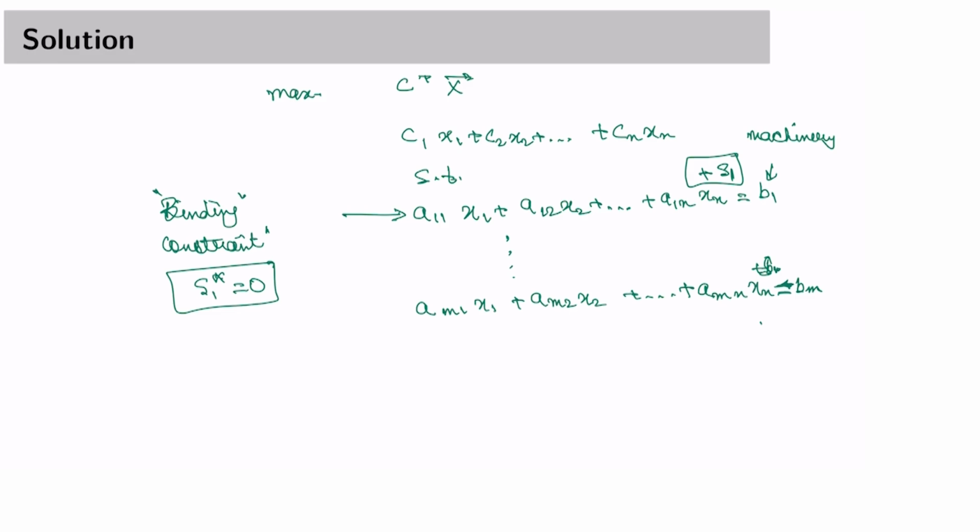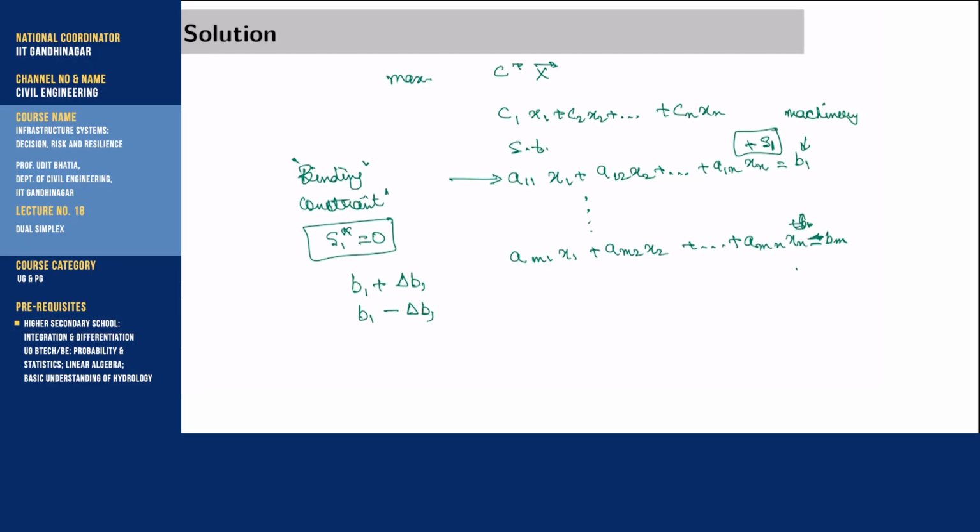So what may happen is that initially you were having B1 machinery, now some B1 plus delta B1 machinery is available. So a new resource has joined or new resource is now available. It can also happen that B1 reduces on the other side. So it may become B1 minus delta B1. Initially more resources were available, now less number of resources are available. So how would you solve from here?